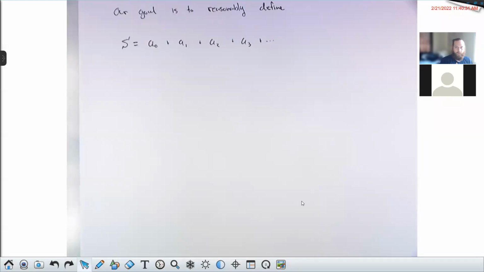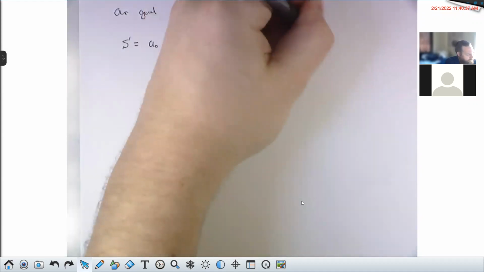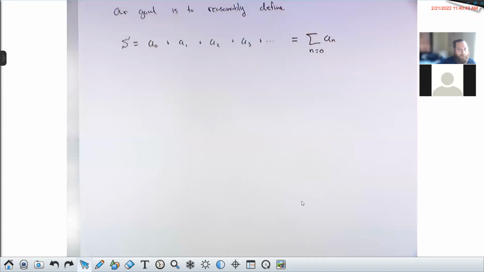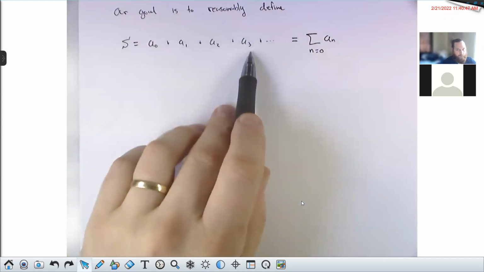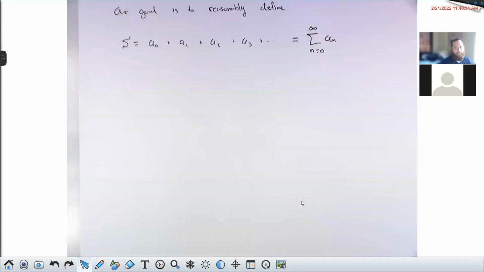And if I write this in the sigma notation, just doing the natural thing, like that last problem, this would be the sum of AN as n runs from 0 to 1, 2, 3, but keeps going forever and ever and ever up to infinity. And that's the notation for an infinite series.